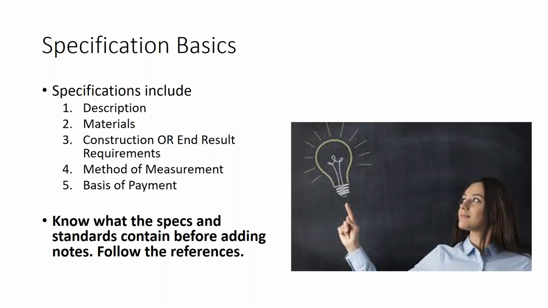Make sure that you know and understand the references. When we refer to an AASHTO or other industry standard, there may be implications as to what it is applicable for.